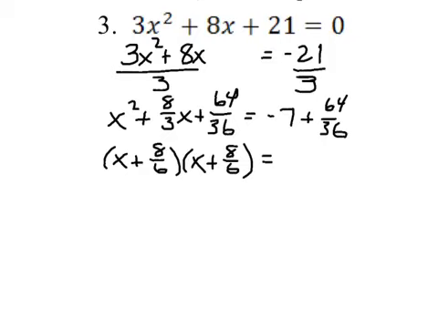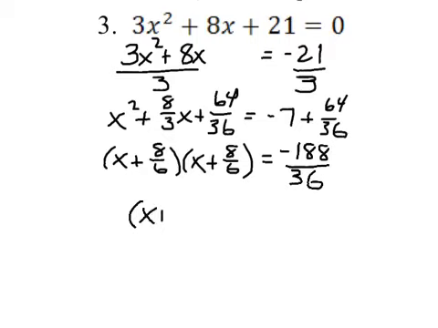All right, so if I combine over here, let's see, I get negative 188 over 36, I believe. Let me do that again on my calculator real quick. Yeah, negative 188 over 36. Now I know that can reduce, but let's just leave it for now. So let's rewrite this over here.